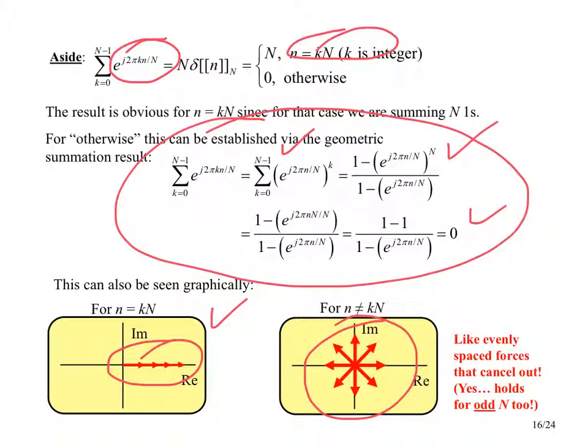So we can establish this result pretty straightforwardly a variety of different ways, either with just pure math or looking at things more graphically, which hopefully by now you've realized is one of the things that I like to do. I love doing the math, but I also like to look carefully at what it really means. How can I visualize this?